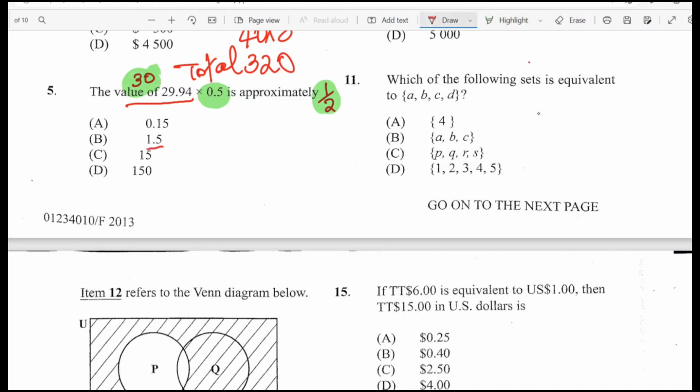So definitely you would have seen that the answer is 15, because a half of 30 is close to 15, because they are not saying what is the exact value. They said approximately. So we're saying that 29.94 is almost 30, and a half of almost 30 is almost 15. So definitely 15 is the best answer there.